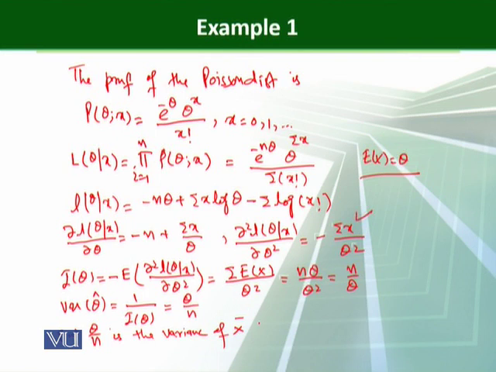That is already well defined: the variance of X bar is basically equal to the variance of X over n, and we know that the variance of X in the Poisson distribution is also equal to the mean. So we can say that it is theta over n. So we know that theta over n is the variance of X bar.